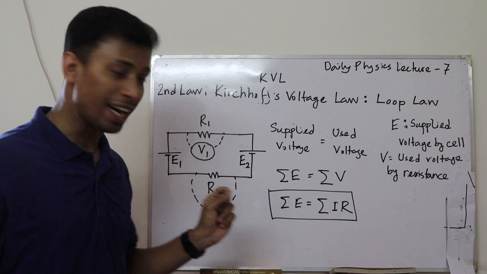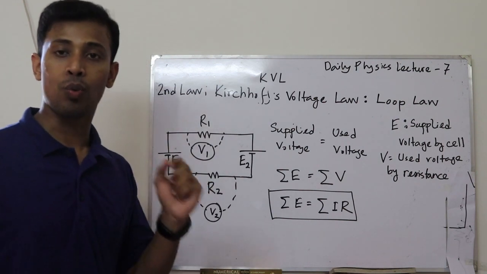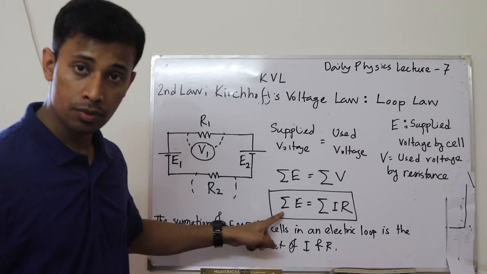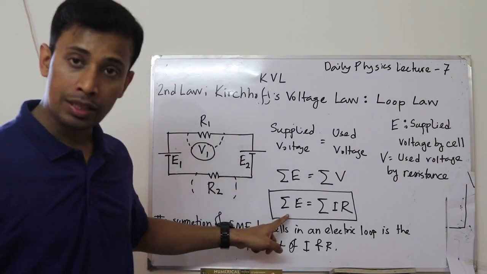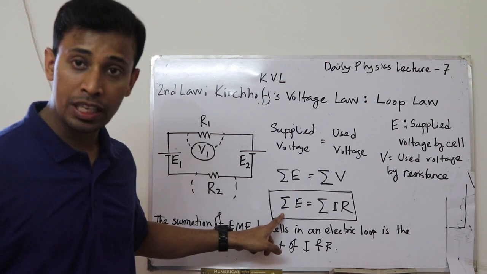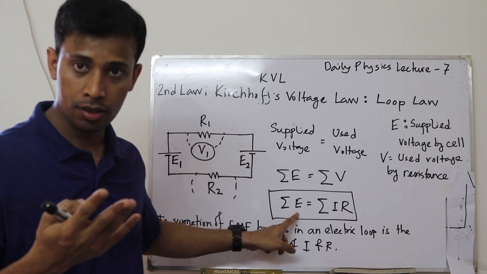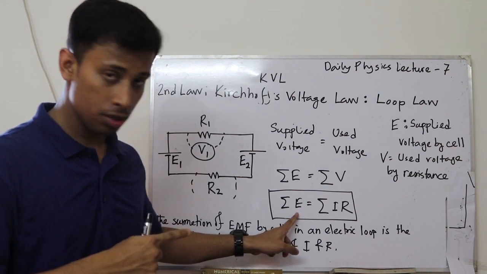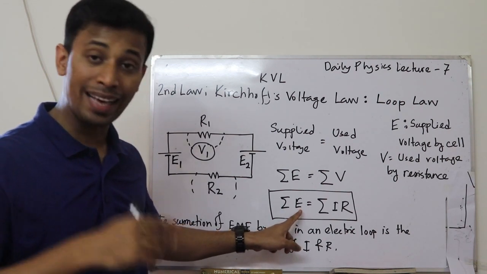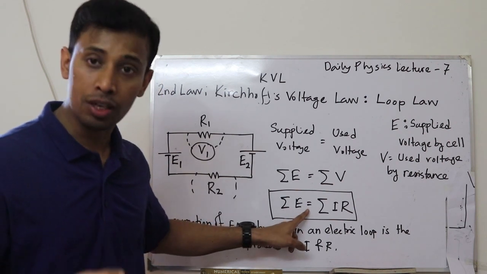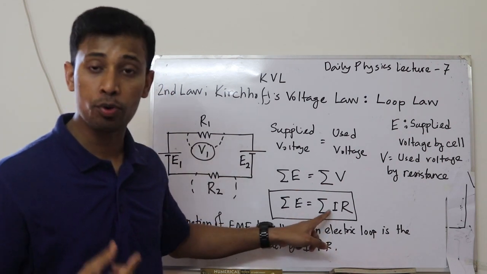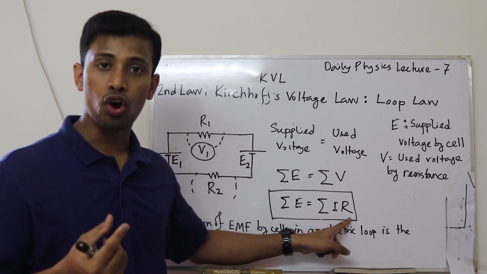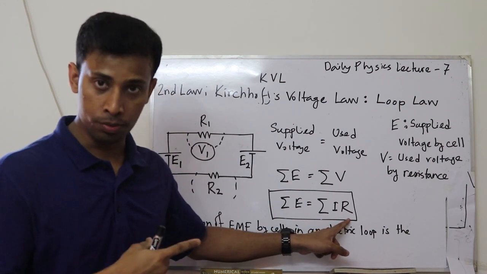So if we write it down, then what will be the statement? Let's see. At the left side, the summation of the EMFs in an electric loop by cells is equal to the summation of the product of the current flow and resistance of that loop.